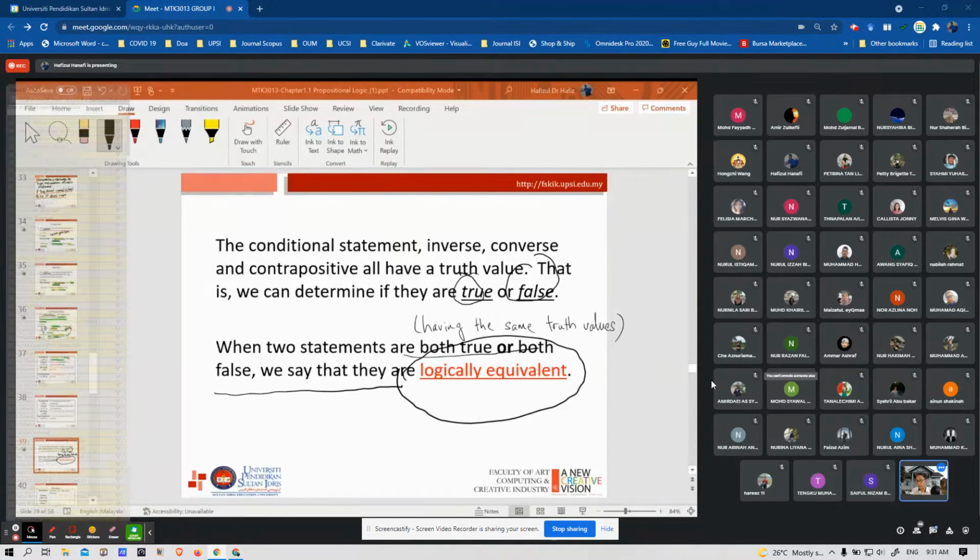You need to form a truth table first, assuming they have the same truth value for all possible combinations of the variables appearing in the two expressions.